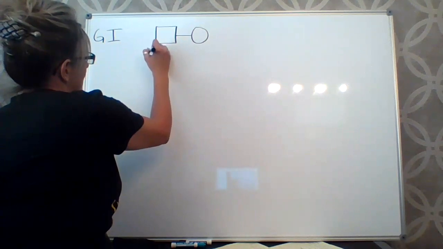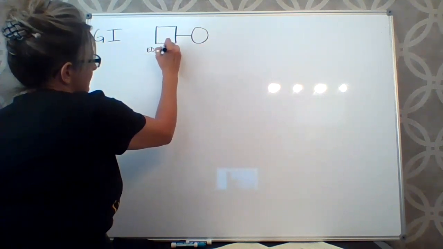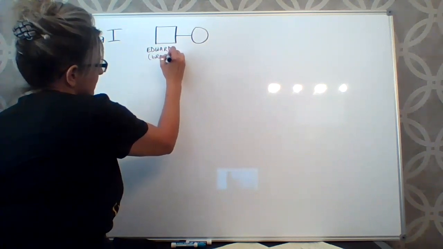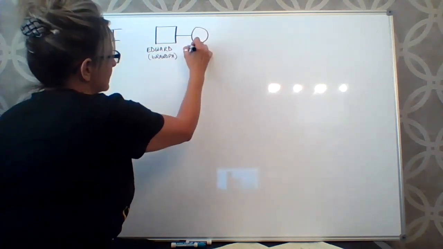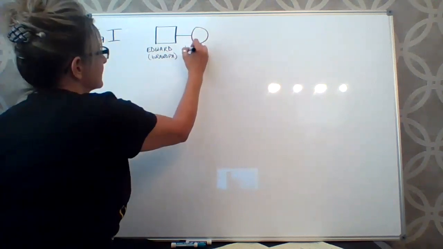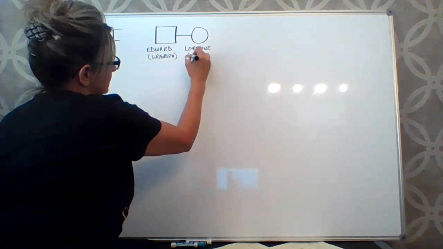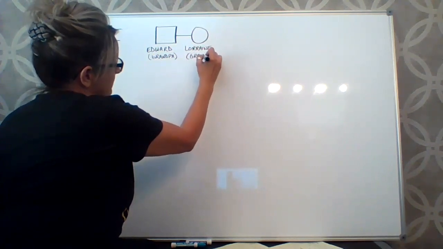This is my grandpa. His name is Edward. He is my grandpa. All right, and this is my grandmother. Her name is Lorraine. And she is my grandma.